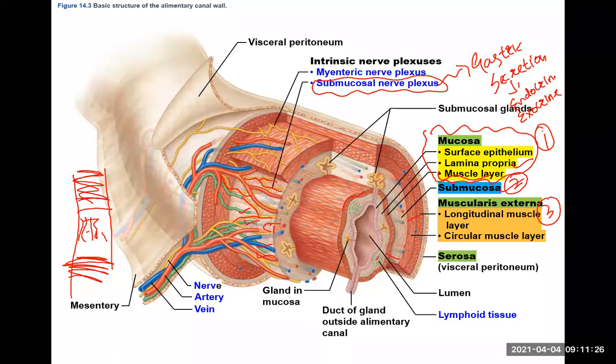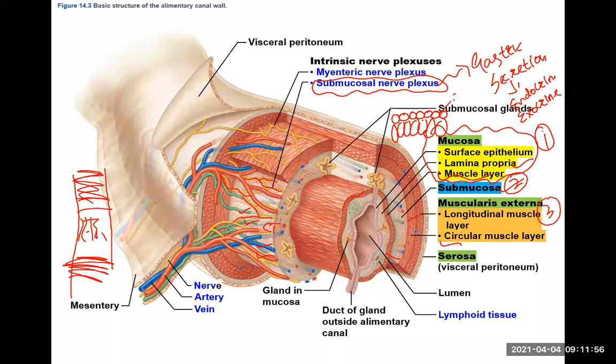We have one internal layer, which is made up of muscular cells that are circular in shape. So we have the inner circular layer, and then the outer layer is a little longitudinal. They look something like tall cells.